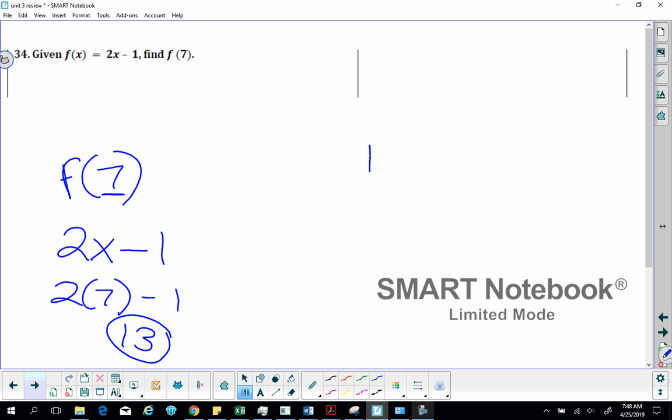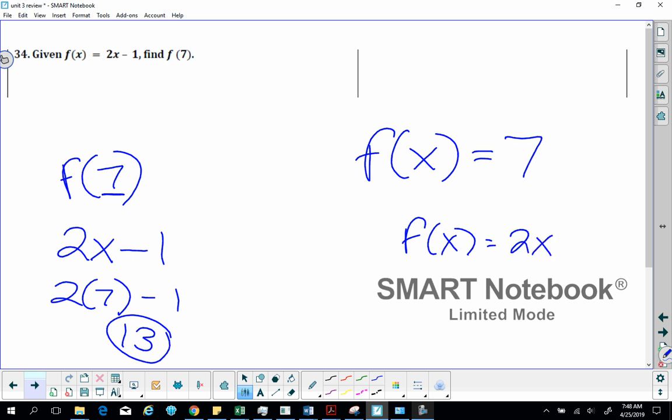What if it said it like this, f of x equals 7? Where would I plug 7 in this time? This is my equation. Where would I plug 7 into?